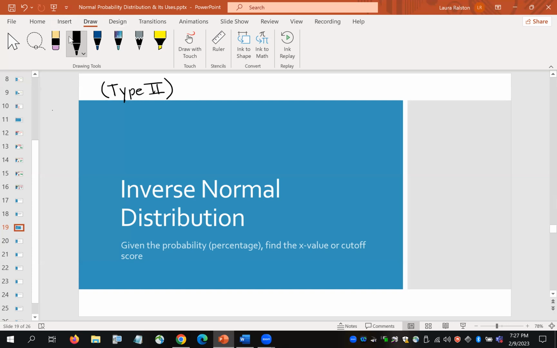So in thinking about these problems, and I don't think it's on the next slide, so I'm going to write it here on this one. With these problems, you're still going to know, somewhere in the problem it's going to tell you that the variable is normally distributed.